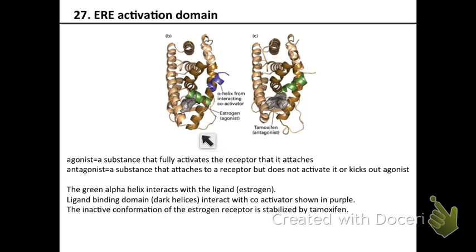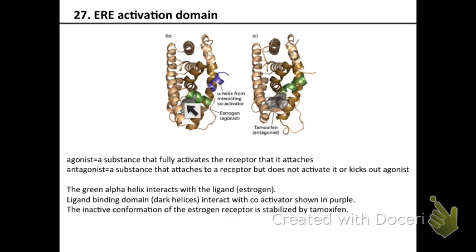So here you see the estrogen receptor shown in this color, and it's binding to the estrogen here, shown in gray. And we call the estrogen an agonist because it's a substance that fully activates the receptor that it attaches to.